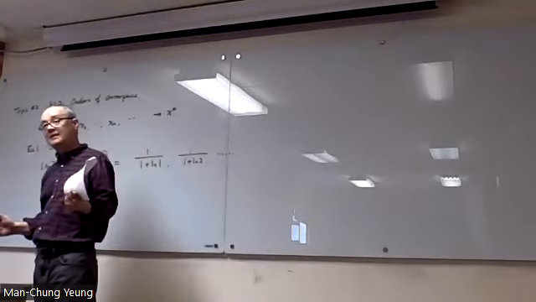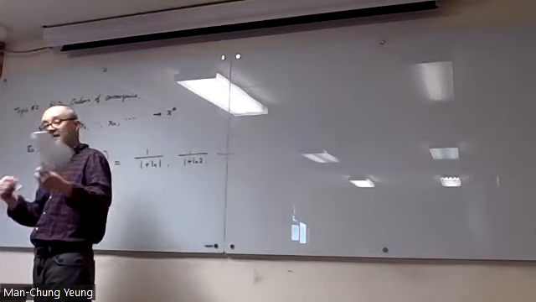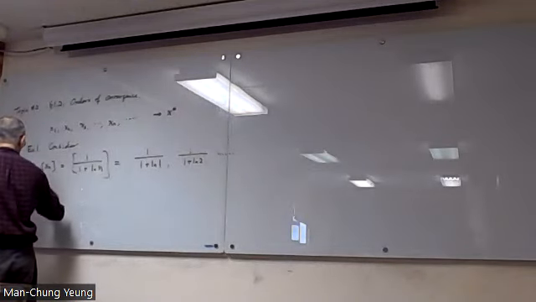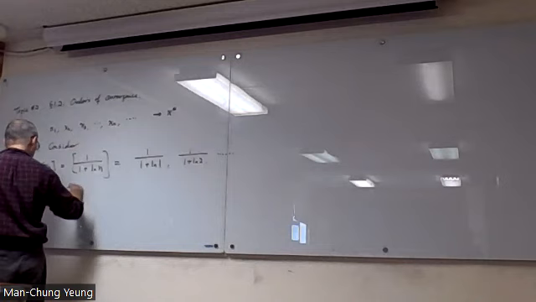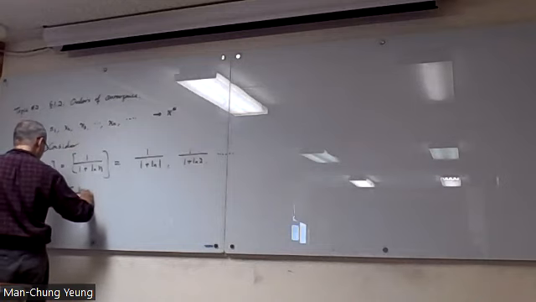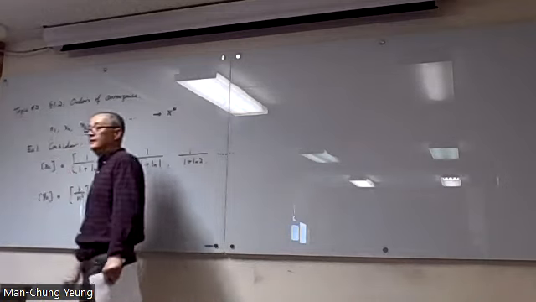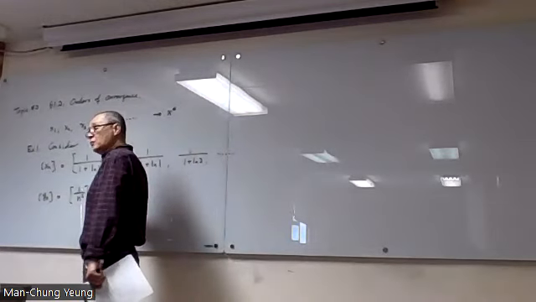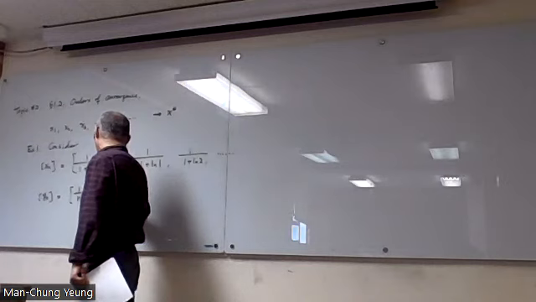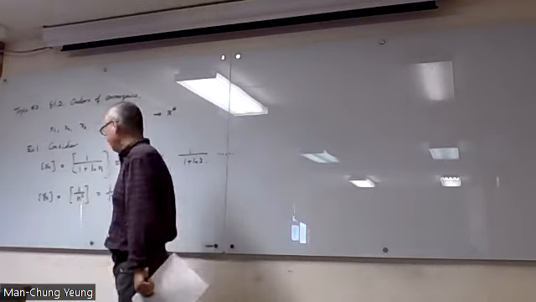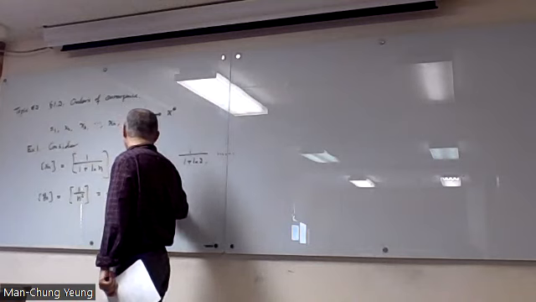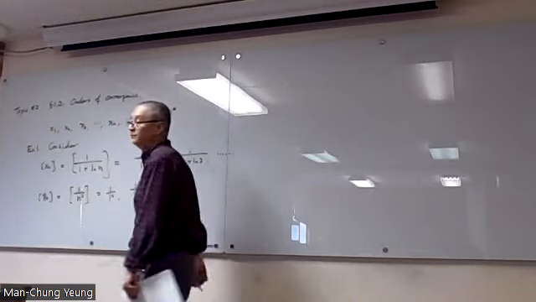Now the second sequence. Let me call the second sequence yn, with general term 1 over n squared. If I expand this sequence, n is 1, then I get 1 over 1 squared, which is 1. n is 2, 1 over 2 squared. n is 3, 1 over 3 squared, and so on.